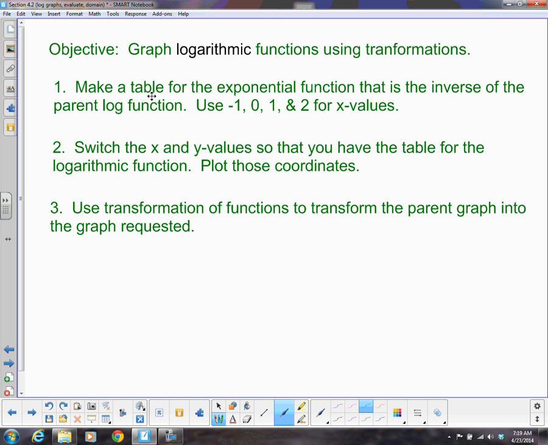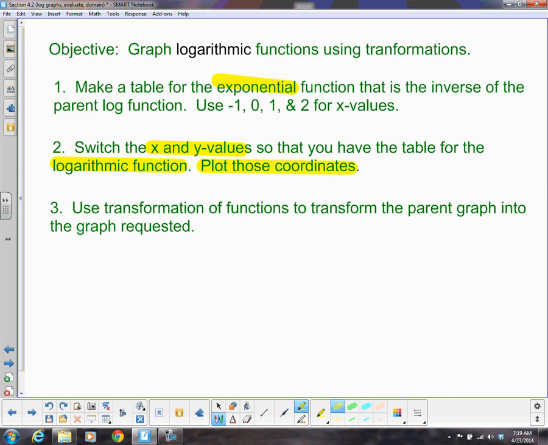My suggestion is to make a table for the exponential function because that's easier. That's the inverse of the parent log function. Then switch the x and the y values so you have the table for the log function. And then plot those points.